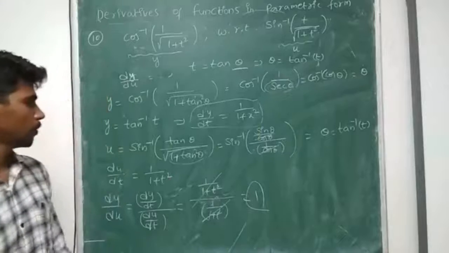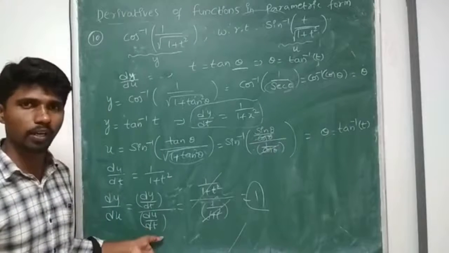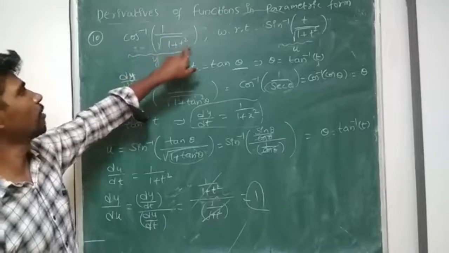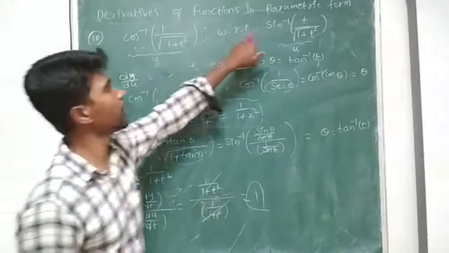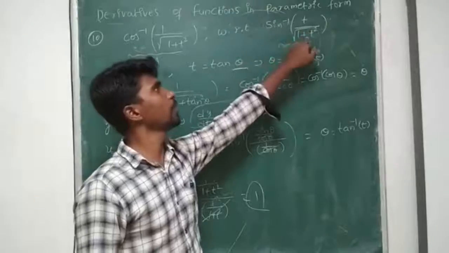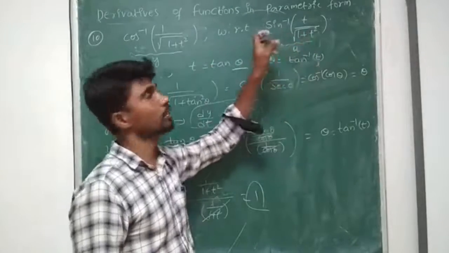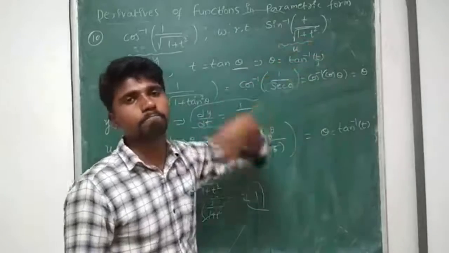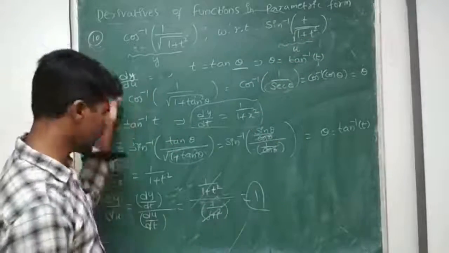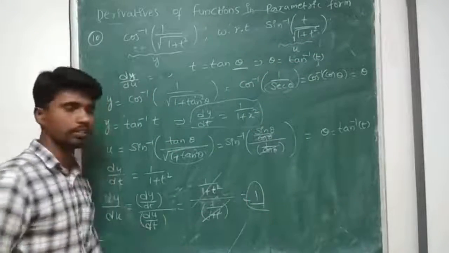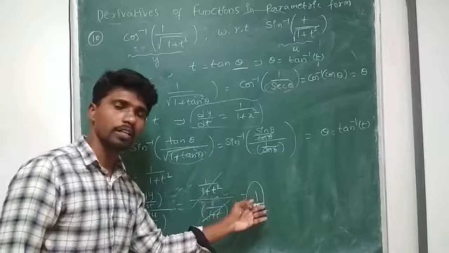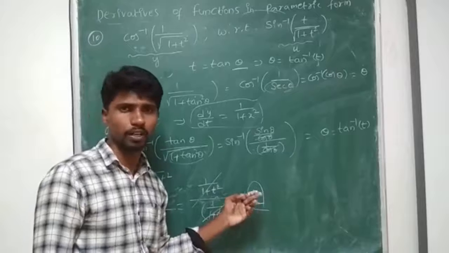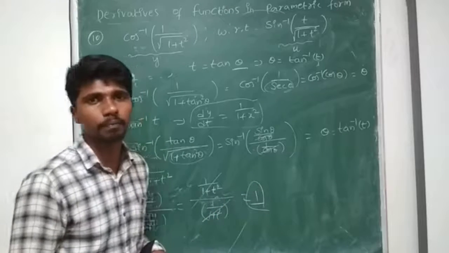See, for this we can state a conclusion. Differentiate cos inverse of 1 by root of 1 plus t square with respect to sin inverse of t by root of 1 plus t square, and we can say the answer is a constant. The answer does not depend on any variable.